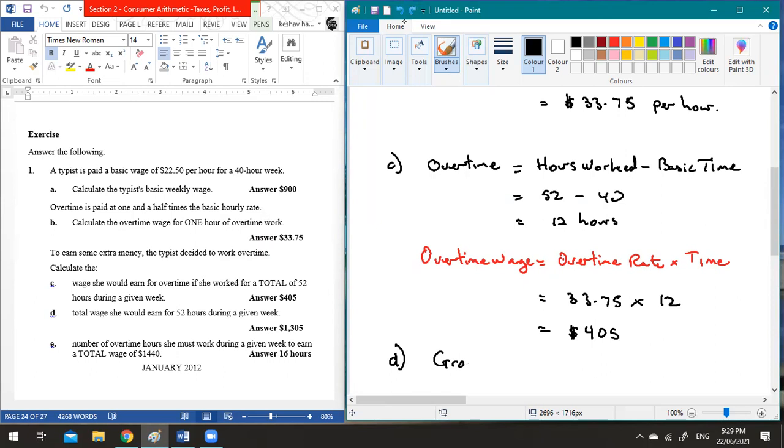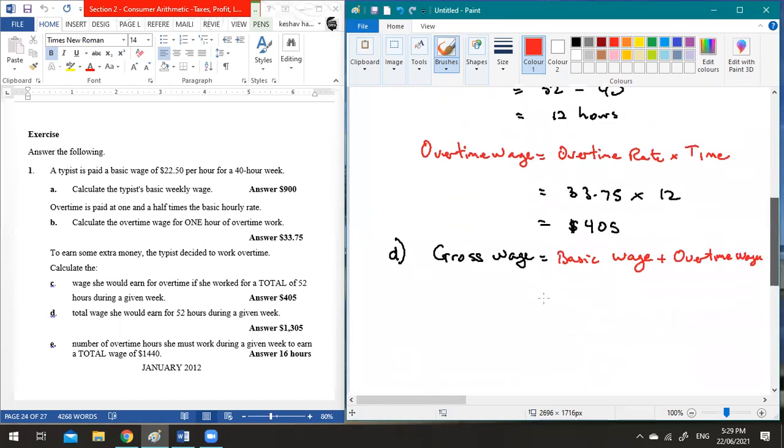So the gross wage is the basic wage added to the overtime wage. And how much was that again?